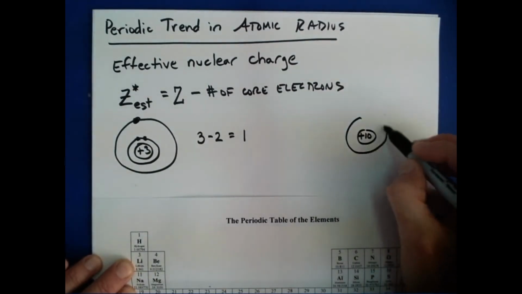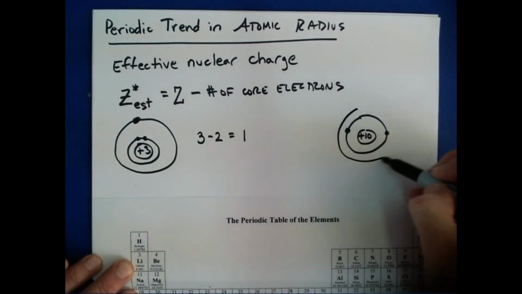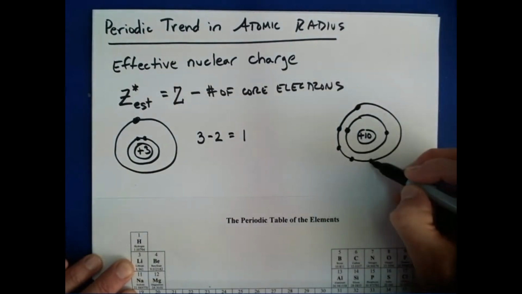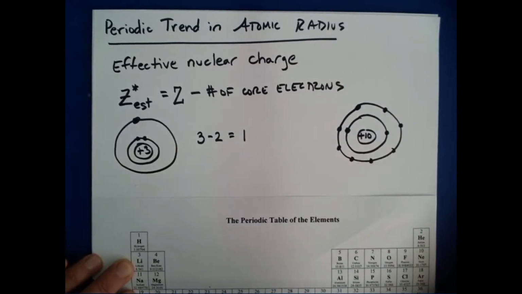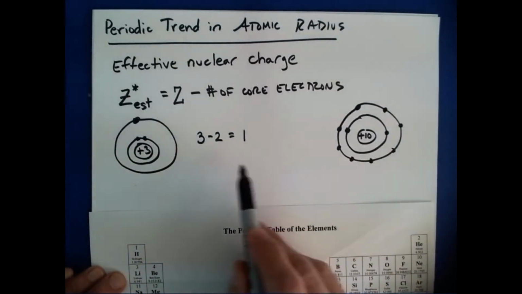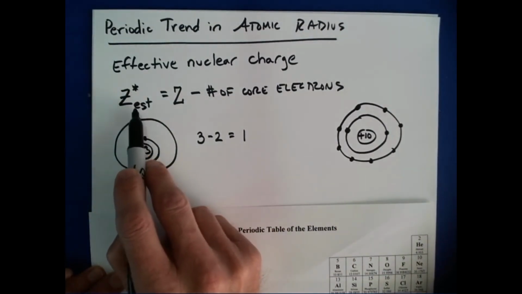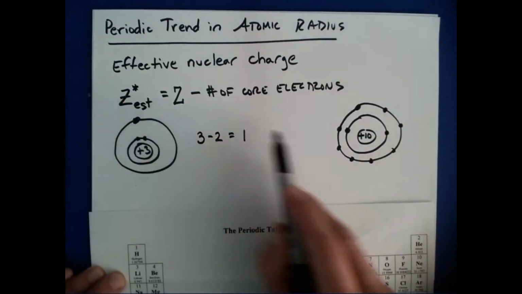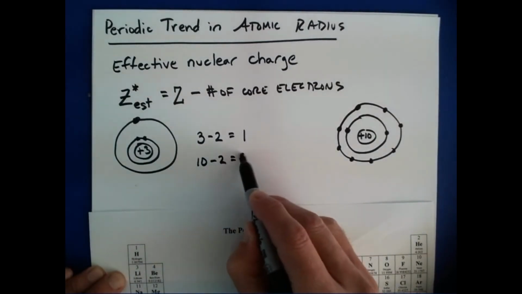Now, if we compare that to neon, the nuclear charge is 10, there are 2 core electrons, and outside of that there are 8 valence electrons. I'm showing this in a Bohr model because it's simpler to use in this case. To estimate Z star for neon, we take 10, subtract the 2 core electrons, and get 8.